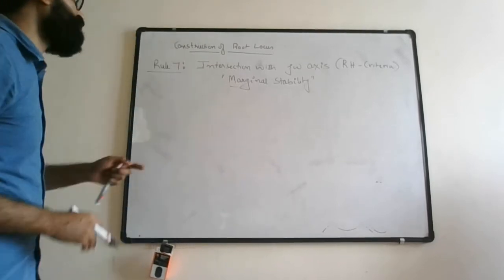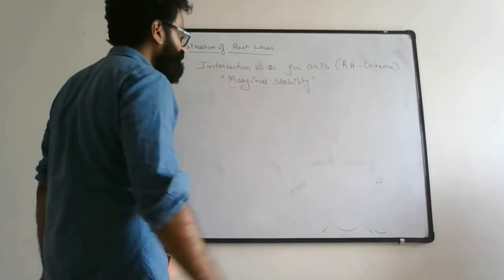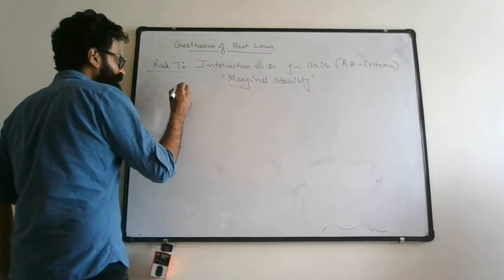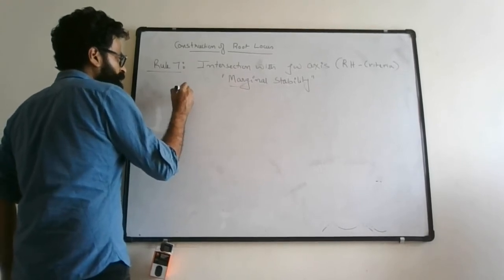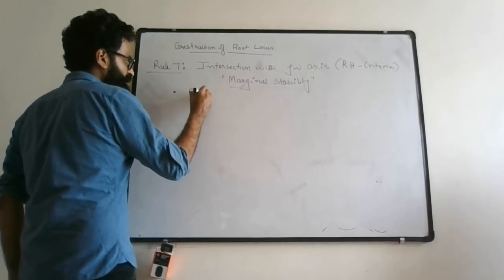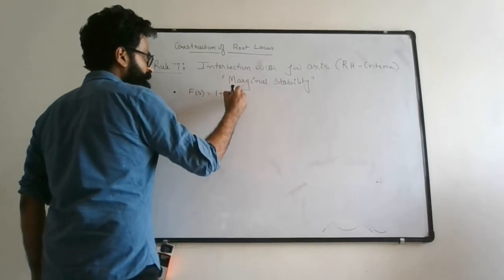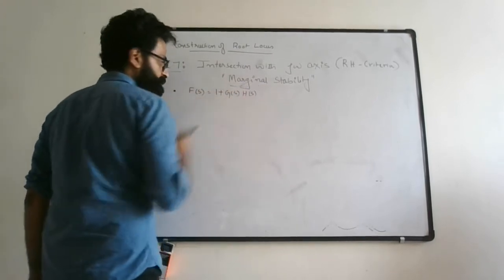So how will you find the intersection point with the j omega axis? By RH criteria. First of all, you have to find F(s), which is 1 plus G(s)H(s), the characteristic equation.